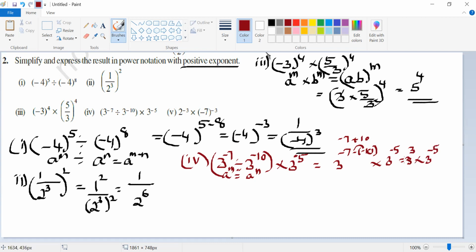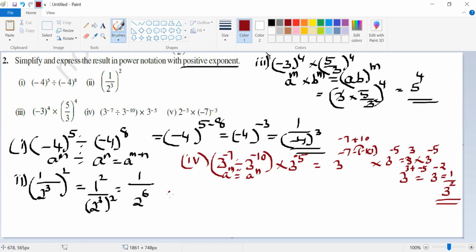So this is of the form a raised to m into a raised to n, which is equal to a raised to m plus n. So we can write it as 3 raised to 3 plus minus 5, which is equal to 3 raised to minus 2. So we can write it as 1 by 3 raised to 2.